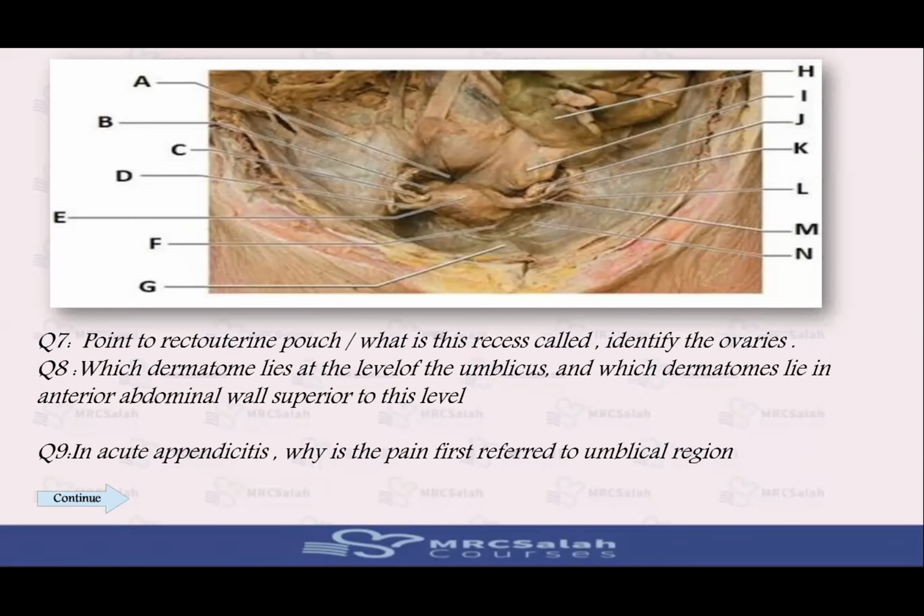You don't know? Who was in the May exam? I told him, the intestinal artery. From where? Directly from the superior mesenteric? No, it's the intestinal artery. From where?